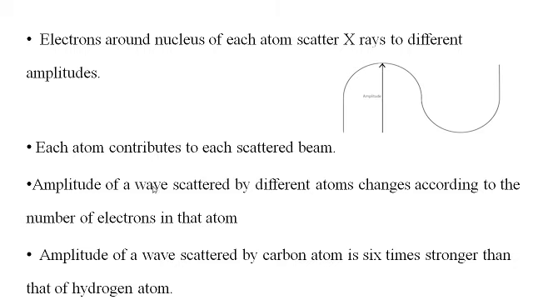The amplitude of a wave scattered by different atoms changes according to the number of electrons that are present in that atom. So a carbon atom scatters the wave 6 times stronger than that which is scattered by the hydrogen atom. And this leads to the differences in the intensities and the sizes of the spots that are formed by the diffracted X-rays which hit the X-ray film.